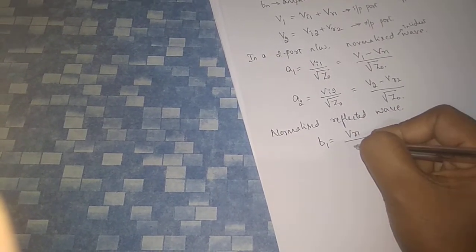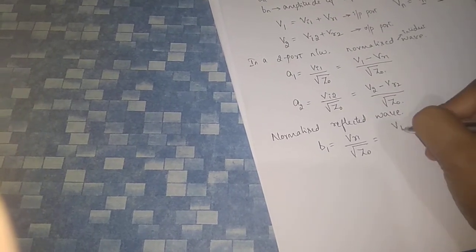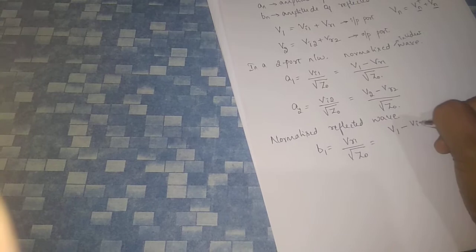Coming to the normalized reflected wave, we can write B1 is equal to Vr1 divided by root of Z0, which will be equal to V1 minus Vi1 divided by root of Z0.